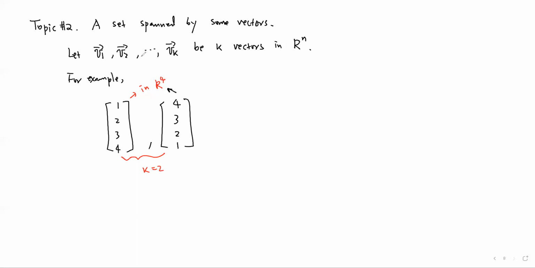Now we are given k vectors in Rn. We denote the set of all possible linear combinations of these k vectors.